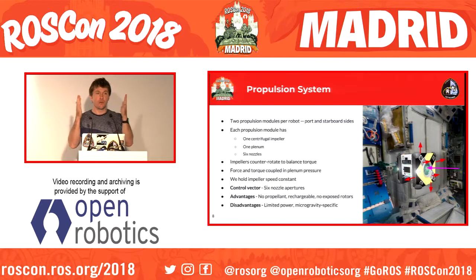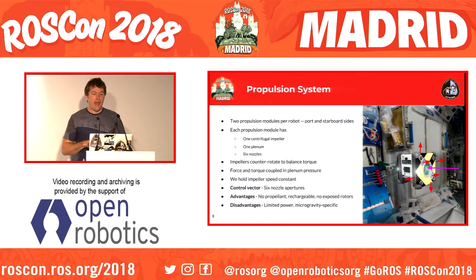They're actually servoed vanes. And the neat thing is that like a quadrotor, I guess, the impellers counter-rotate to balance torque in the system. And for the sake of simplicity, we hold the impeller speed constant, and we just vary the nozzle apertures, and that's how we achieve control.